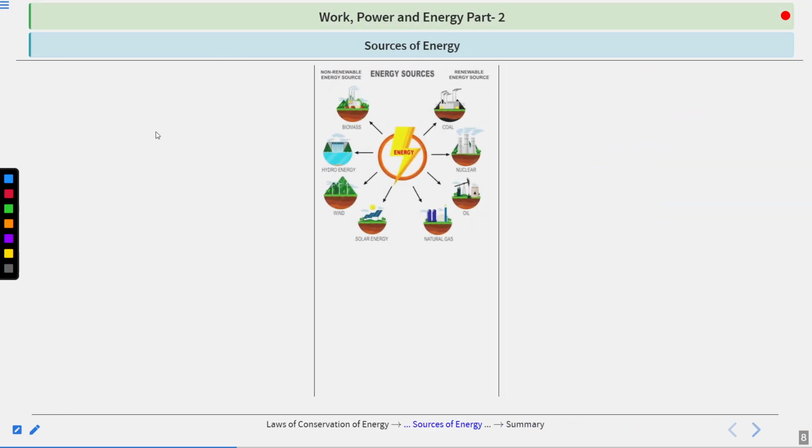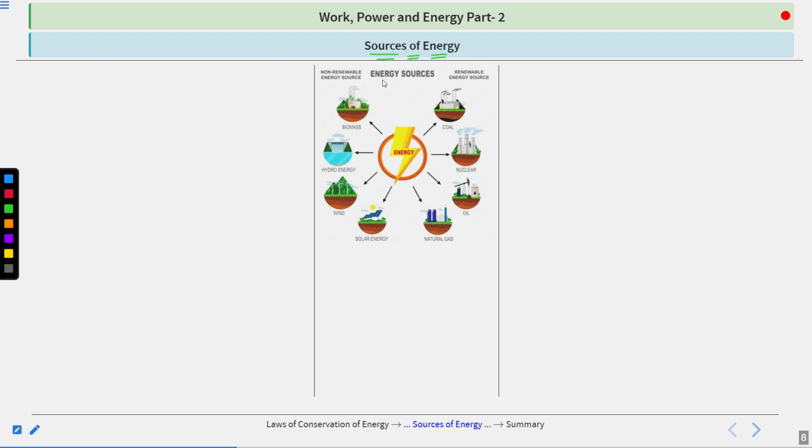Now, after this mass energy equivalence, we have the sources of energy. Basically, we have defined energy as the rate of doing work, right? That is what we have defined as energy. Now, from which sources we generate that energy is another thing.